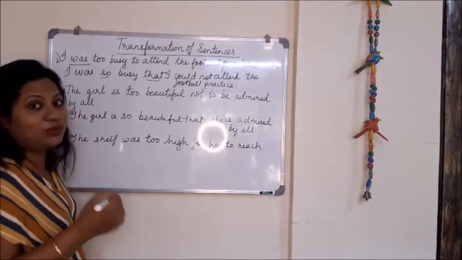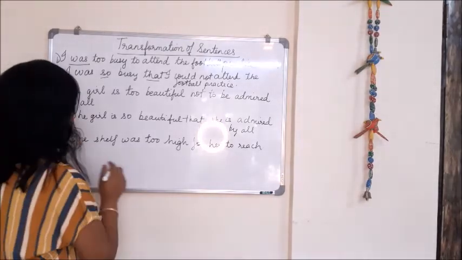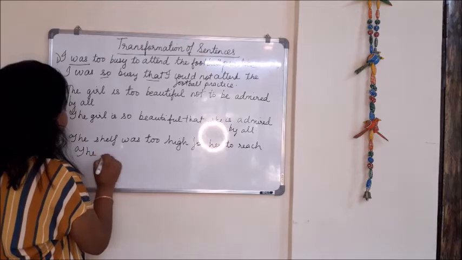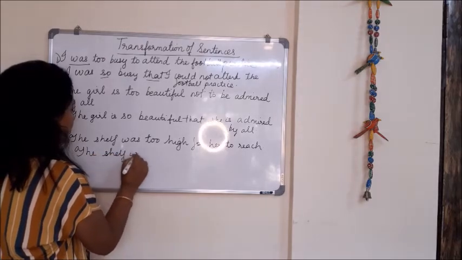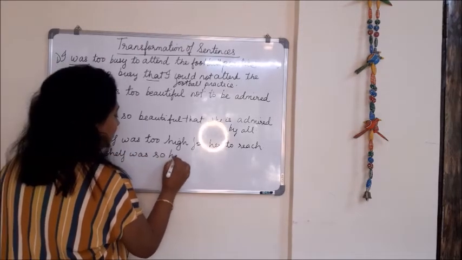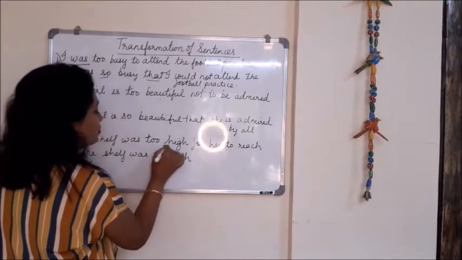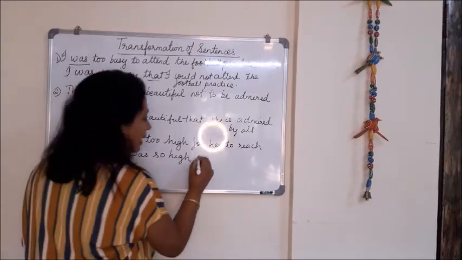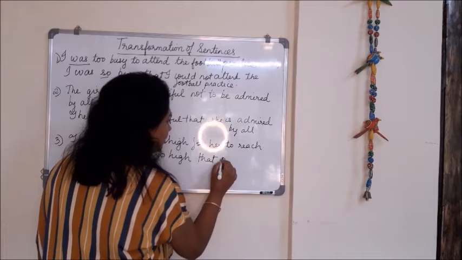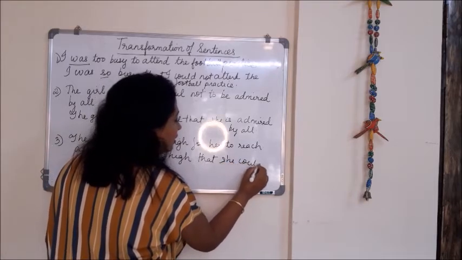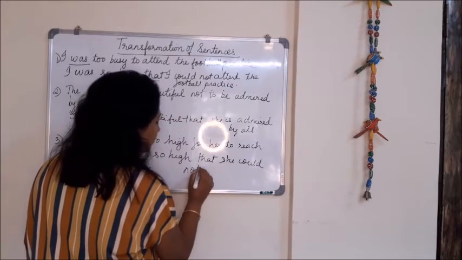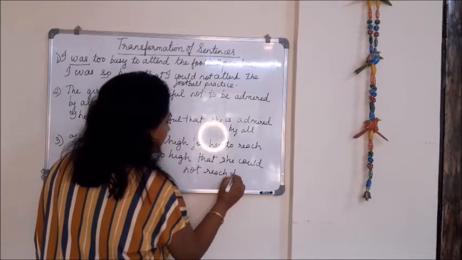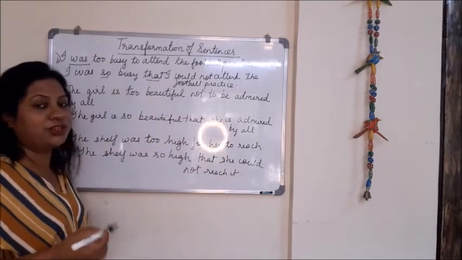Means we need to have a no, not, never in the second version. The shelf was so high. Okay, so we replace too high with so high that she could not reach it. The shelf was so high that she could not reach it.